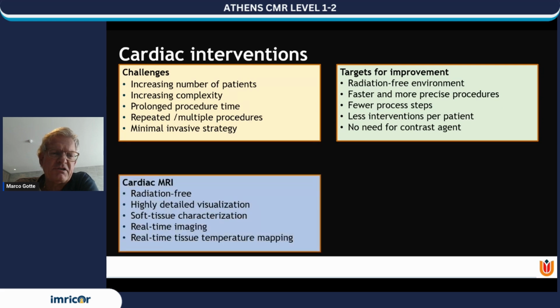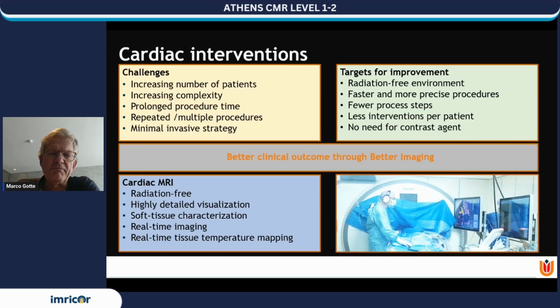MR offers all these features actually. It's radiation-free and provides highly detailed visualization of the heart and tissue. It allows you to image in real time what you're doing, and it is also possible to measure temperature and changes in temperature during procedures. So with better imaging, we are able to provide better clinical outcomes.